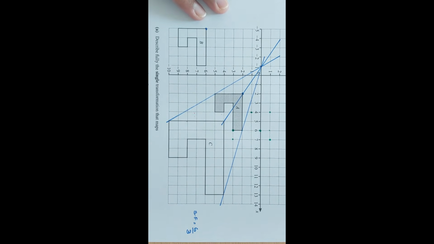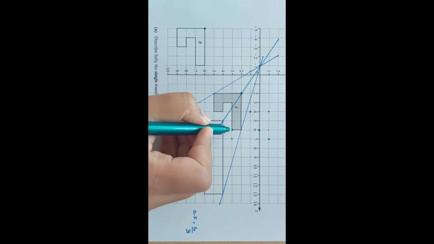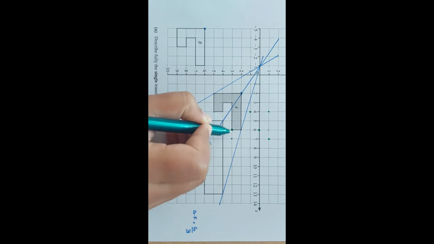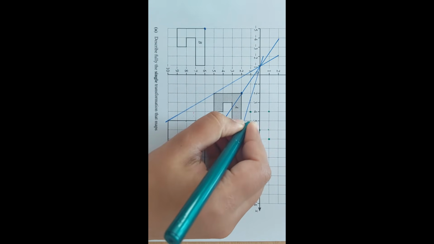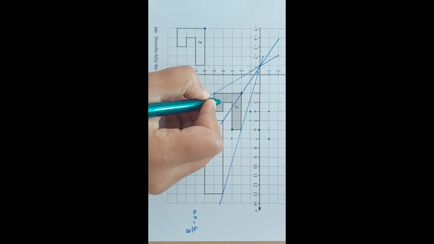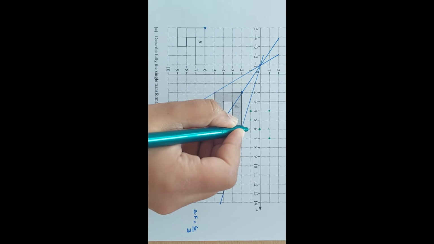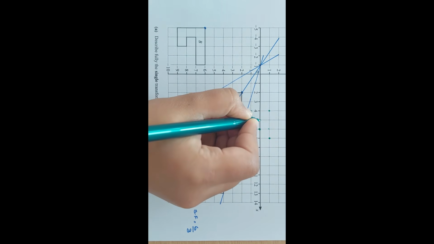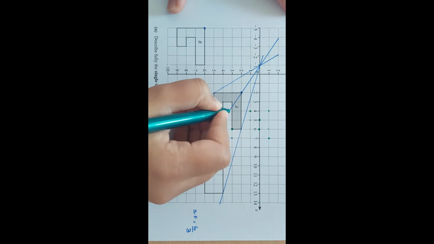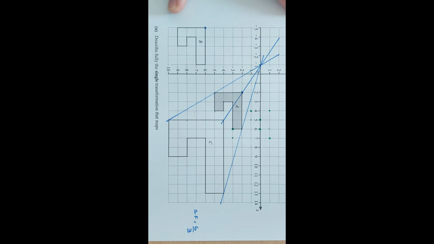Now we are left with 1, 2, 3, 4, 5. This one: 1, 2 and 1. This point is 3 and 1. We did this one. So I guess we have done all the points.